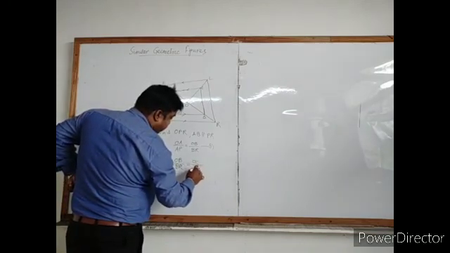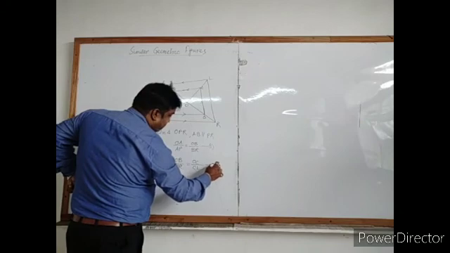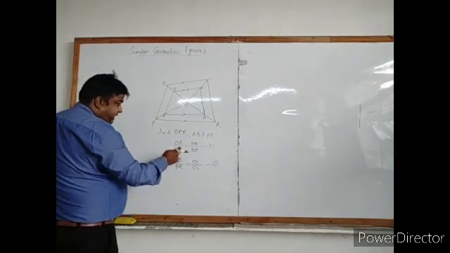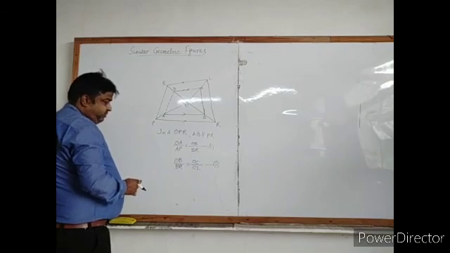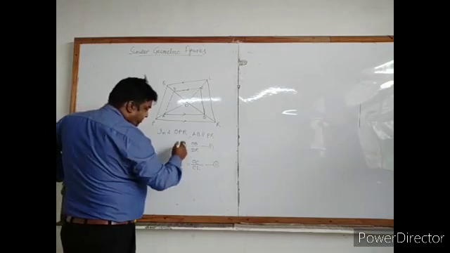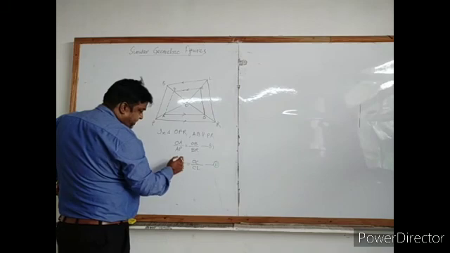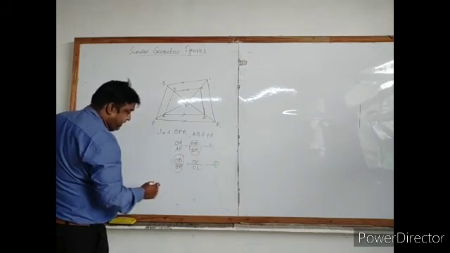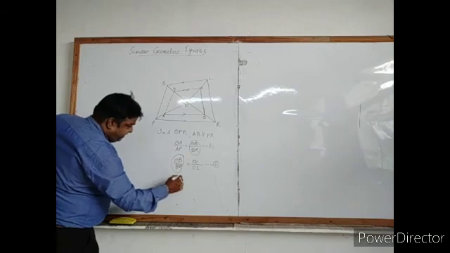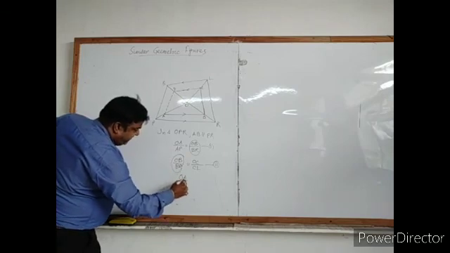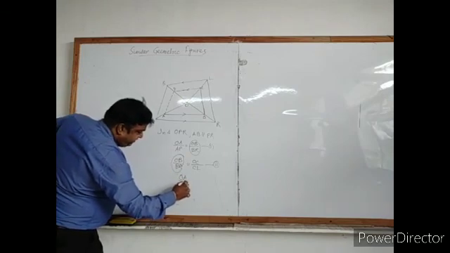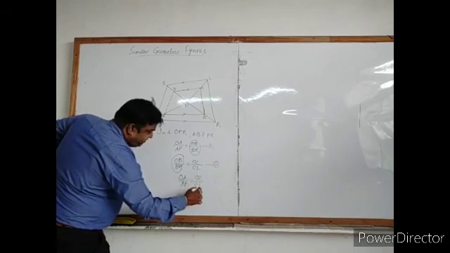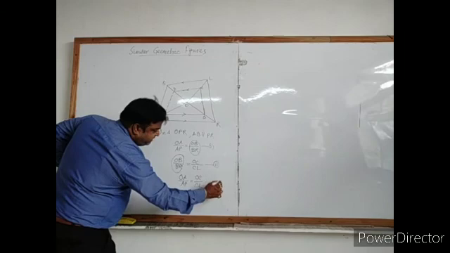That is number 2. Right? Now from 1 and 2, this ratio is common, so these two are equal: OA by AP equal to OC by CL. Mark this as 3.